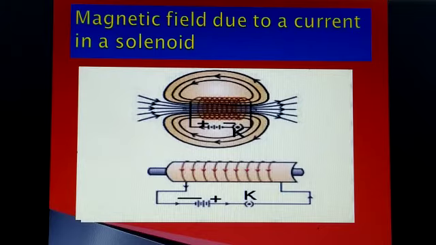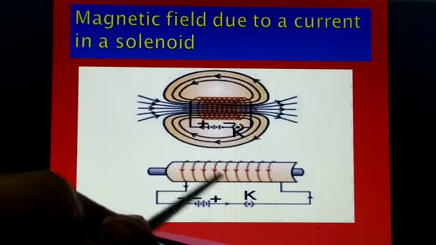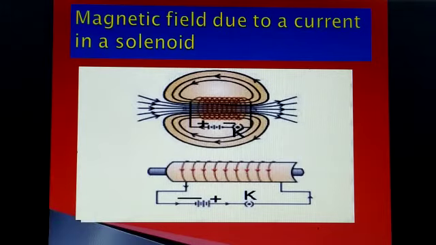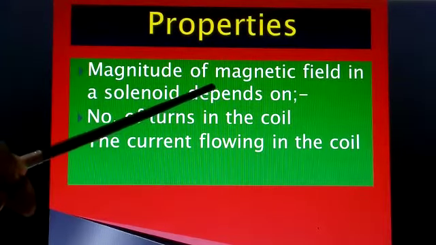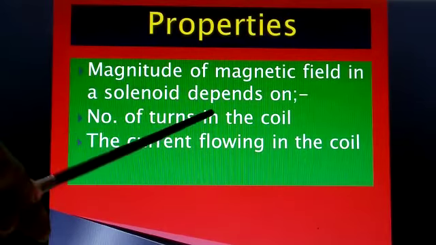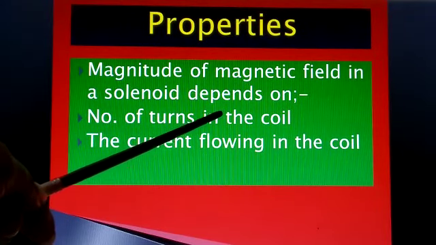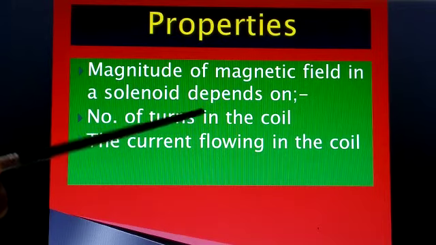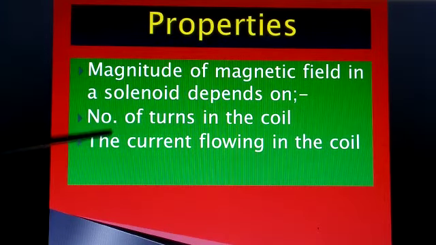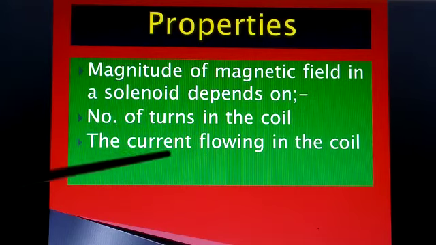And this solenoid is also called an electromagnet. The properties: the magnitude of magnetic field in a solenoid depends on the number of turns in the coil. If you increase the number of turns in the solenoid, that also will increase the magnitude of magnetic field. And if we increase the amount of current, the magnitude of magnetic field also will increase. So these are the properties of magnitude of magnetic field in a solenoid.